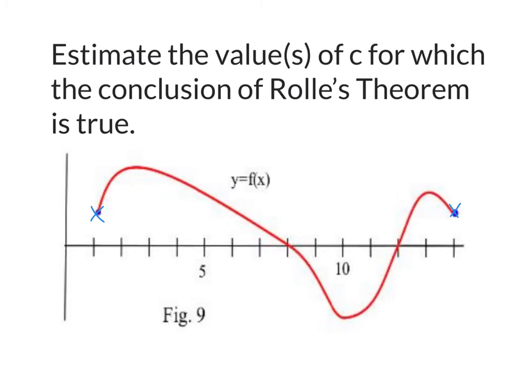Now, when the derivative is 0, you can estimate on the number line where that happens. It looks like here's the max point, so roughly 2.7-ish would be 1 point. It looks like roughly 10 would be another place where the slope is 0, and then also roughly 13 or 13.1 is where the derivative would be 0, too.